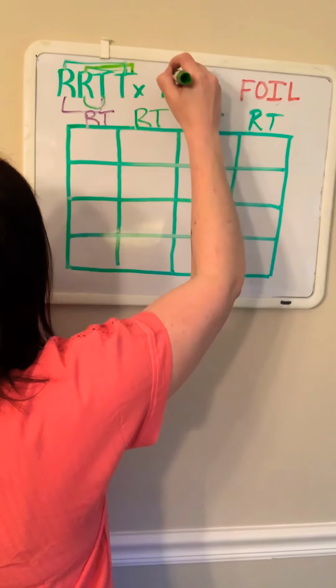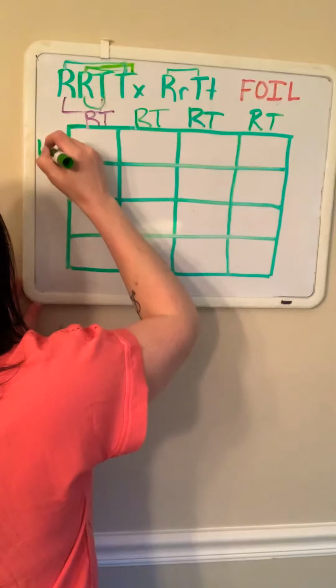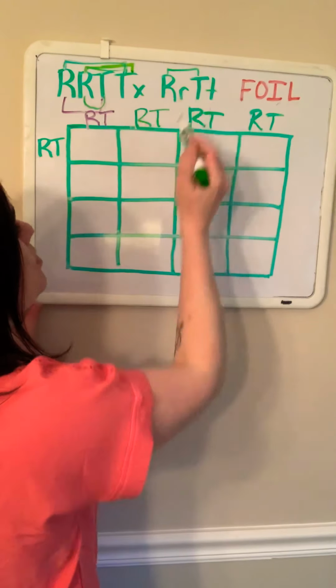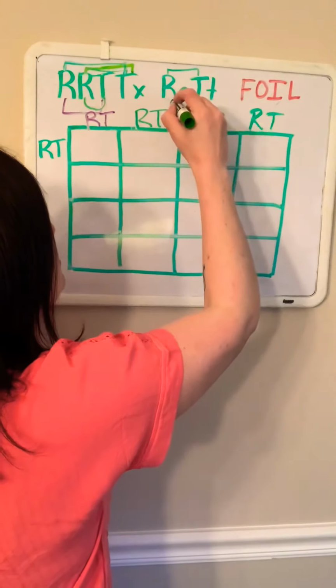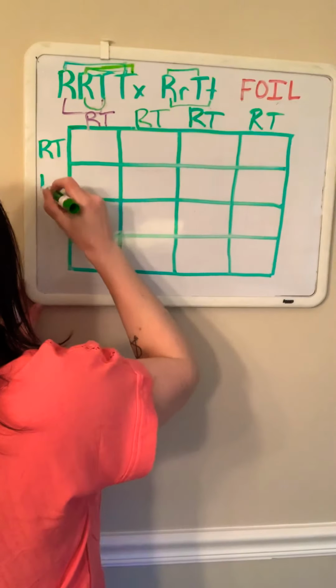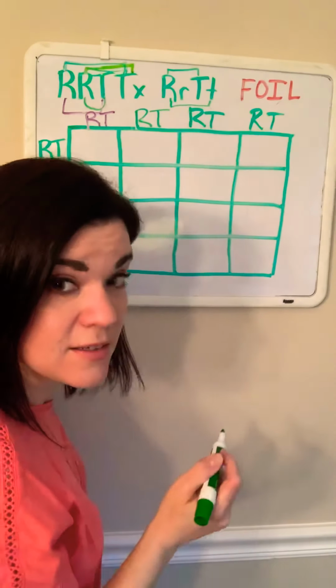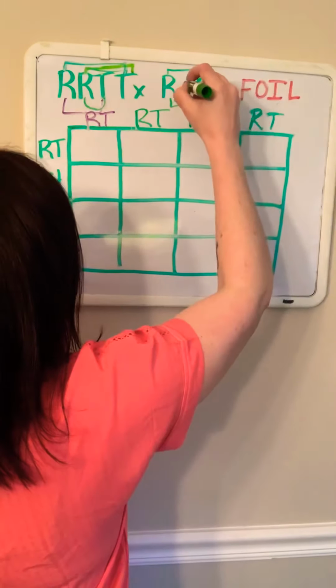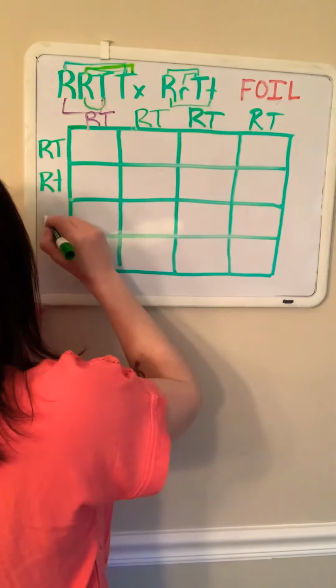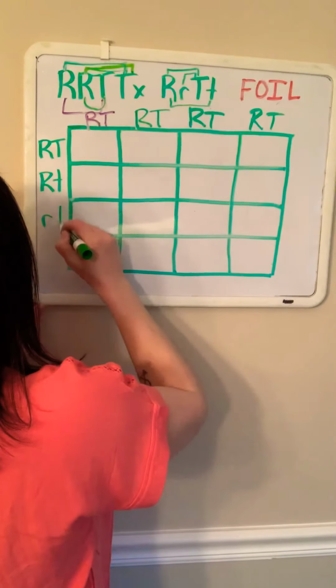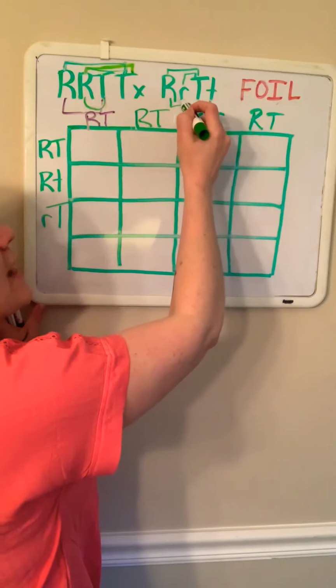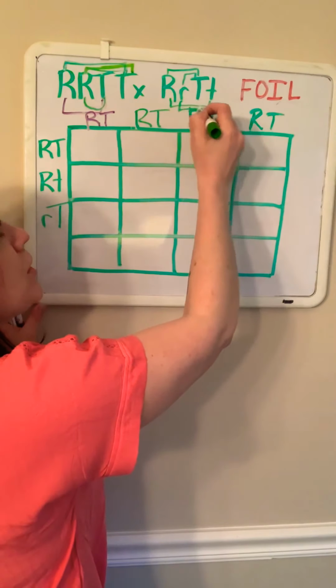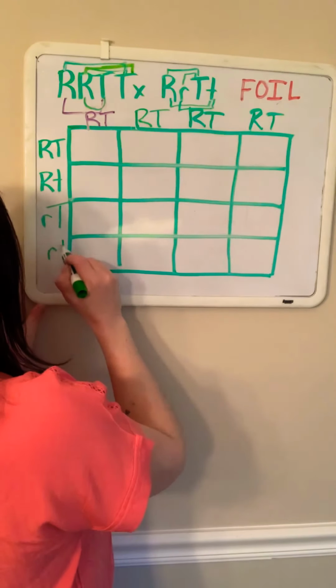So we have first, capital R, capital T. Outer, capital R, lowercase t. Inner, lowercase r, capital T. And then last, lowercase r, lowercase t.